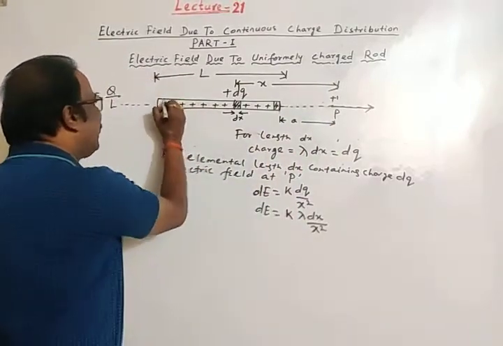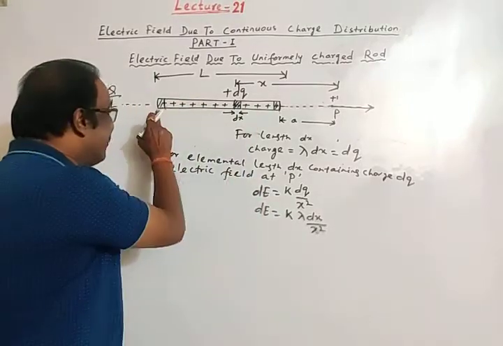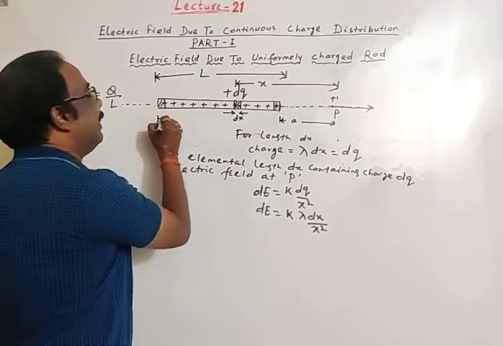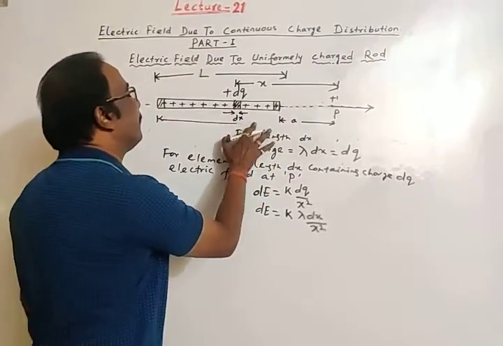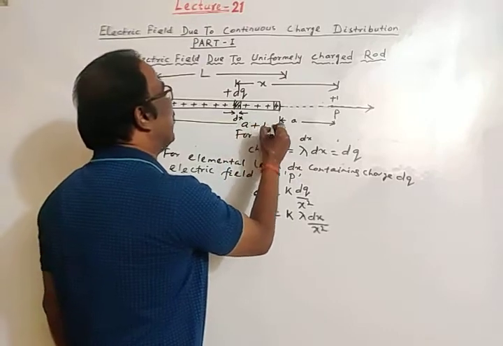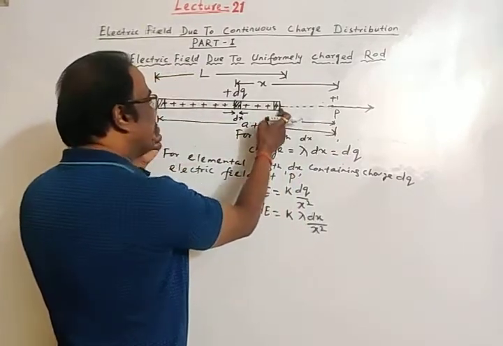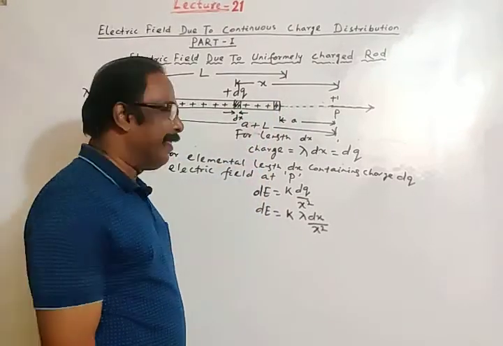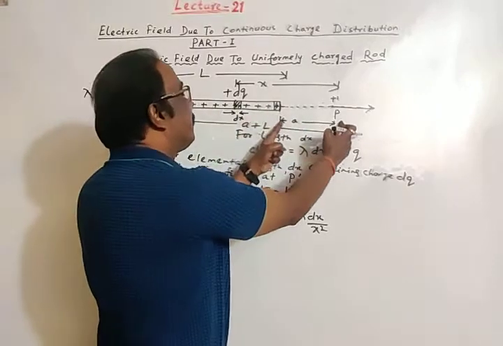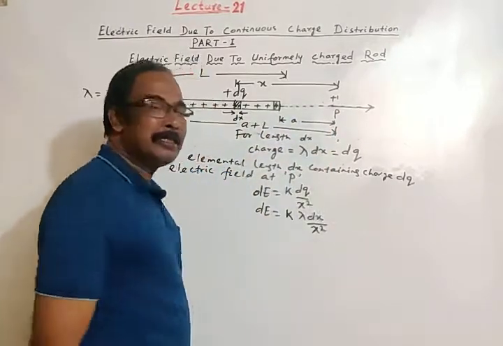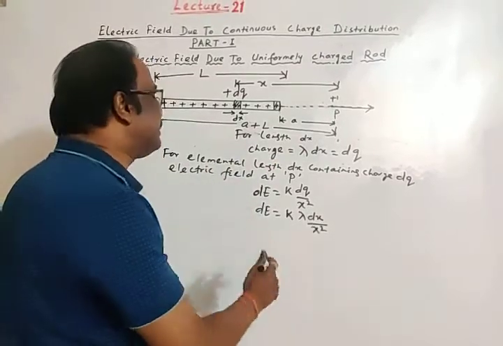And finally, we take dx, dx, dx, and from this end, the distance of point P is obviously a plus L. This distance is a and the total length of the rod is L. So from this end the distance is a plus L, and from this end the distance is a, where we are calculating the electric field. Now it is easier.